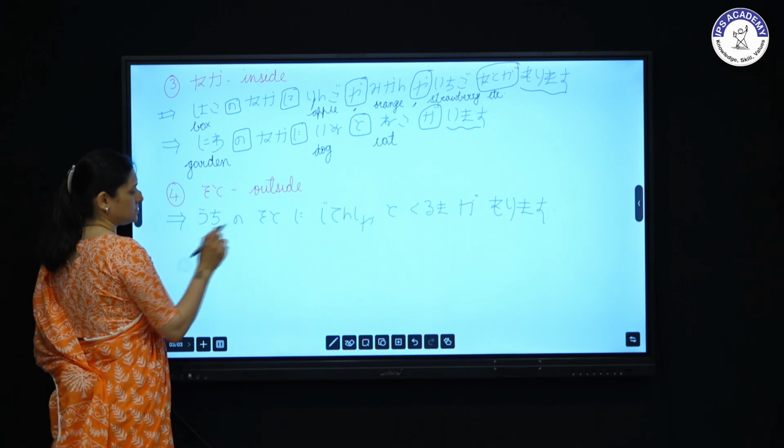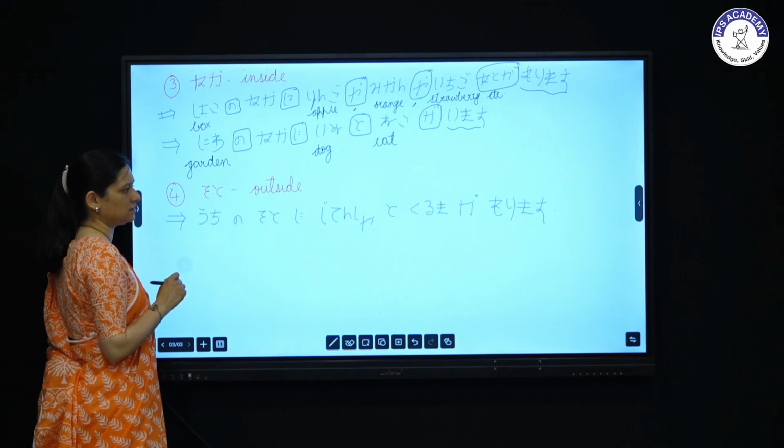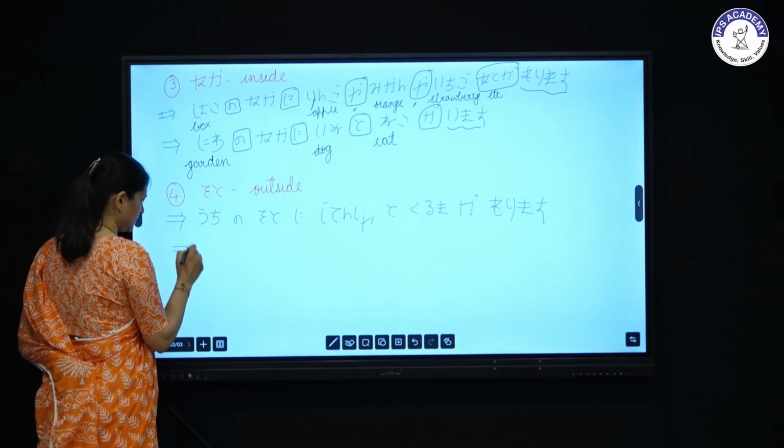The first one is uchi no soto ni jitensha to kuruma ga arimasu.